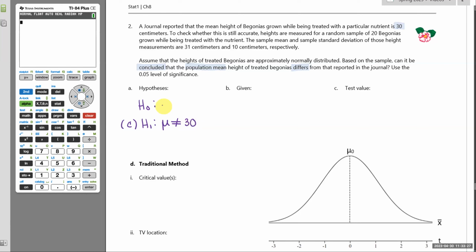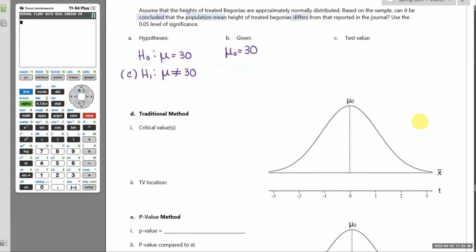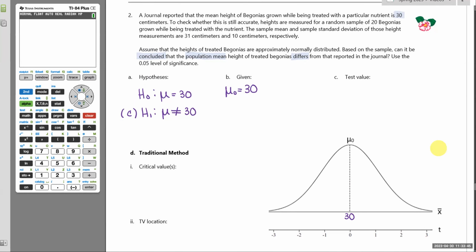The null hypothesis would be that the mean is 30 centimeters. In hypothesis testing, we start with the assumption the null is true. So we start with the assumption the mean is 30 for the population, and then we're going to go gather some data and see where our sample mean falls.